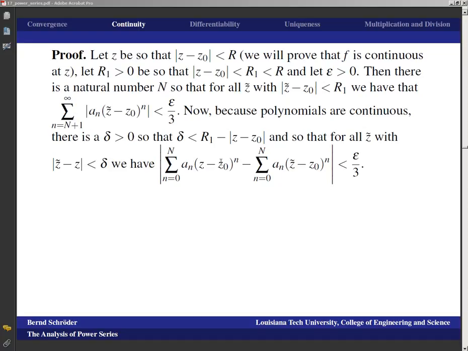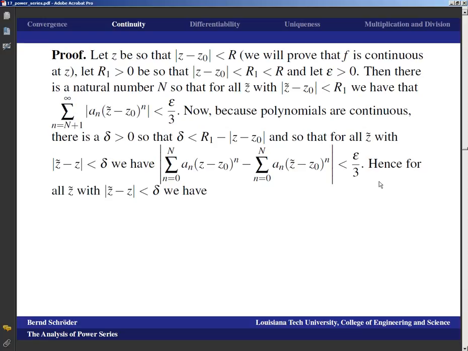But in order to control the tails, we also need to make sure that z tilde is still in the circle around z0 of radius r1. That means z tilde must be closer to z0 than r1 minus |z minus z0|, because then with the triangular inequality, |z tilde minus z0| is smaller or equal than |z tilde minus z| plus |z minus z0|, and that'll then be smaller than delta plus |z minus z0|, which is smaller than r1.